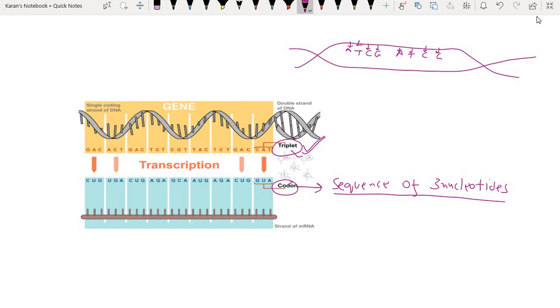Now you know the complementary sequence will be T, A, G, C, T, A, G, C. So this is the complementary bases on the other side.